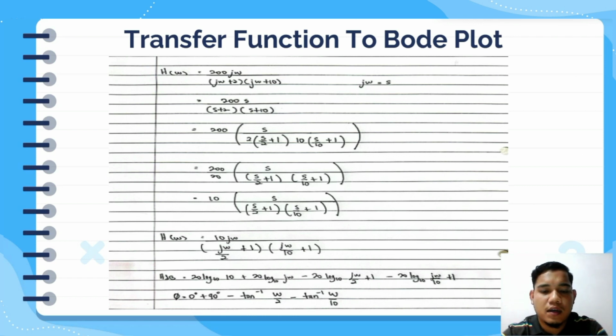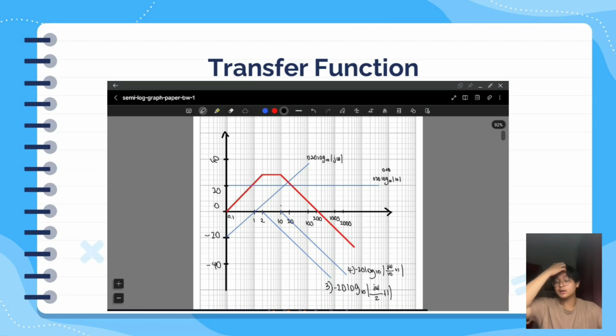The graph, my members can explain. Okay, now we're going to move to the next part, which is the result graph, the magnitude graph and phase graph. First, the magnitude graph, as you can see on the slide, is the graph that I made before.